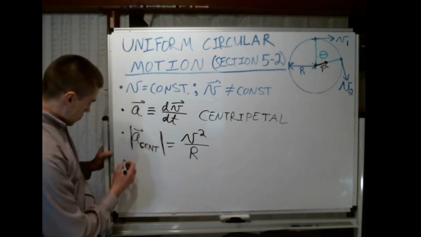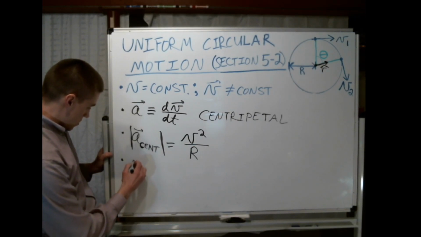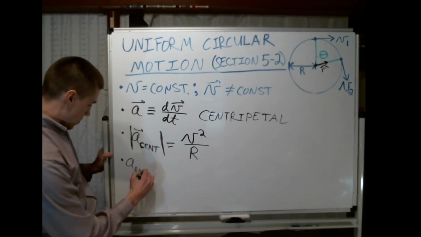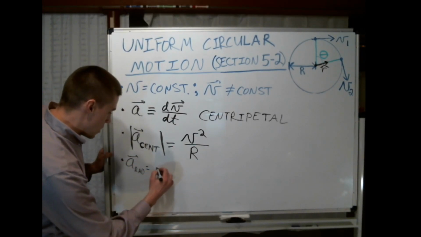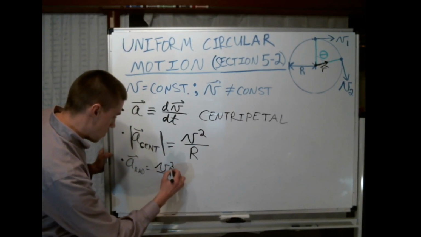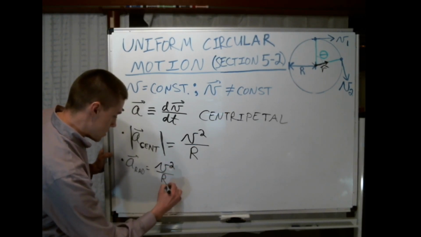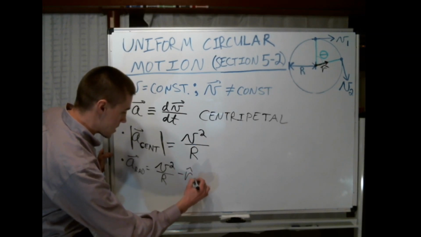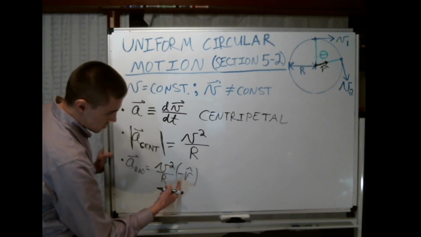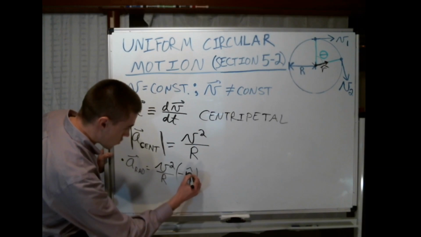So if I wanted to write the total radial acceleration vector, it equals v squared over r, that's the magnitude, times minus r hat. This denotes that it's pointing in towards the center.